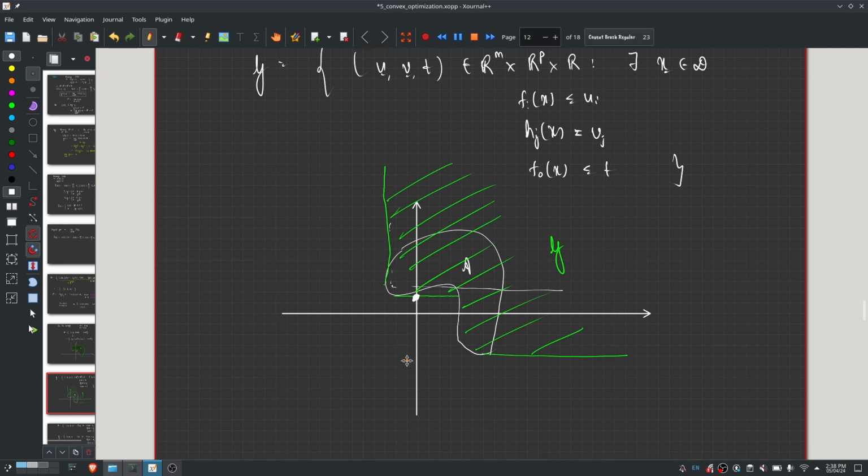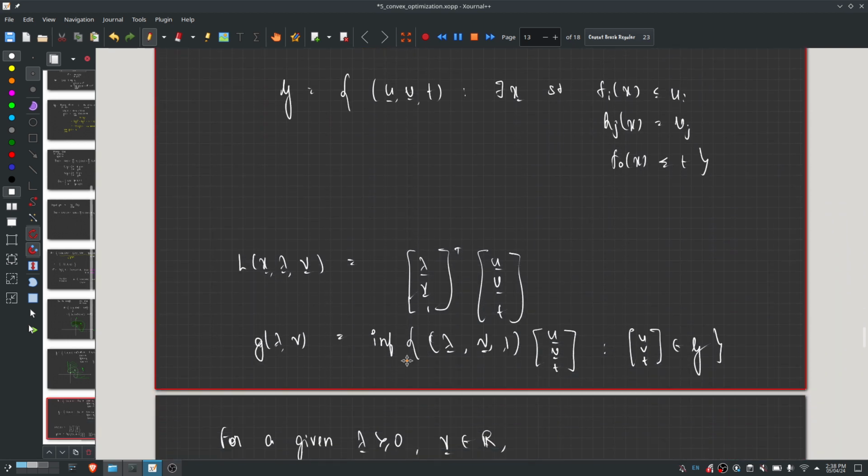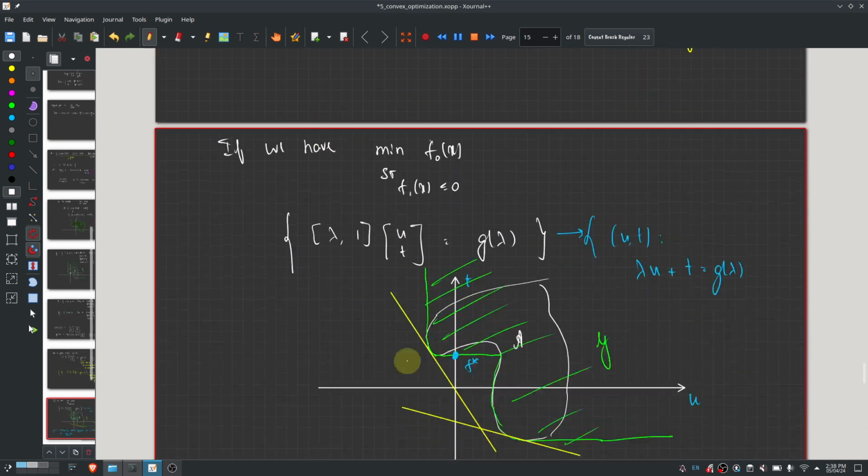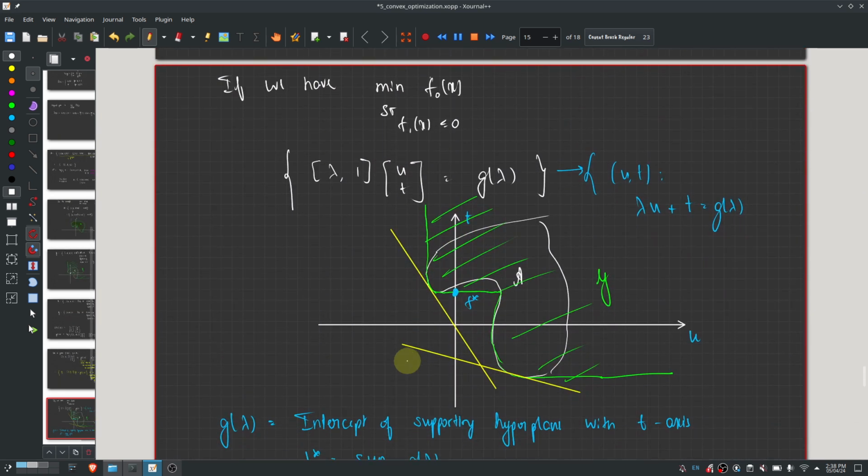When we looked at the dual, that also had a nice geometric interpretation in terms of tangents or supporting hyperplanes to this given set G. So you look at all possible supporting hyperplanes to the set G. Each supporting hyperplane corresponds to one g of lambda comma nu.